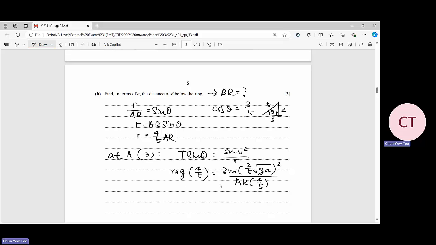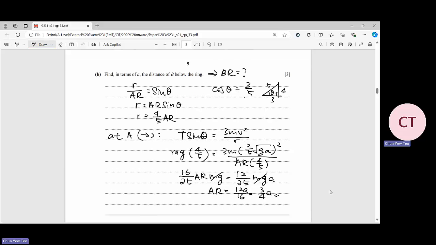So if you square them, you will get 16 over 25 AR mg equals 12 over 25 mga. Cancel the mg. Then your AR will be 12 over 16, or you can write this as 3 over 4. I forgot the A.